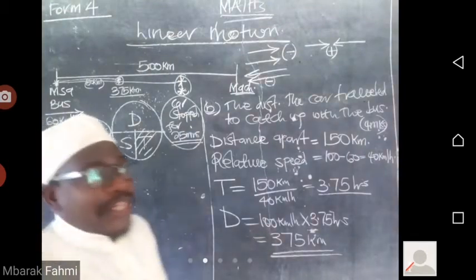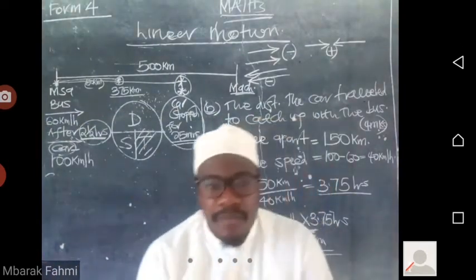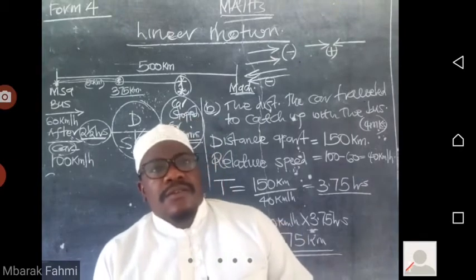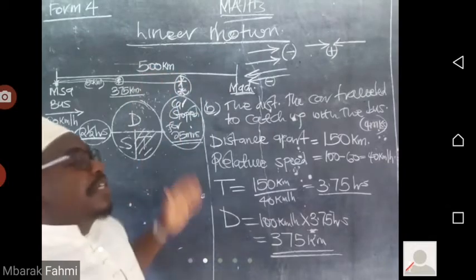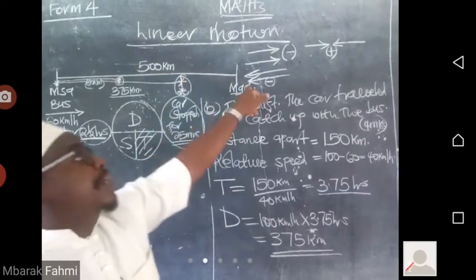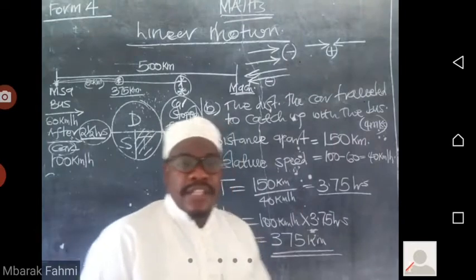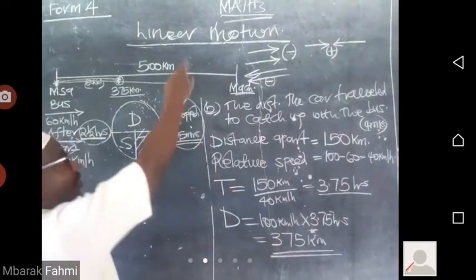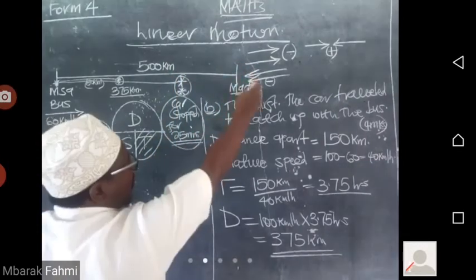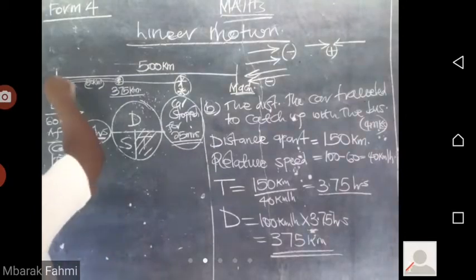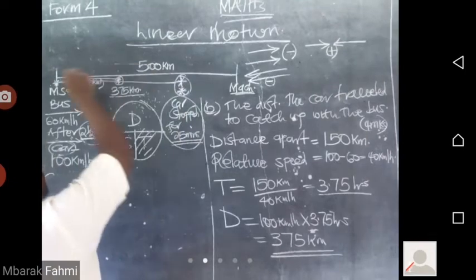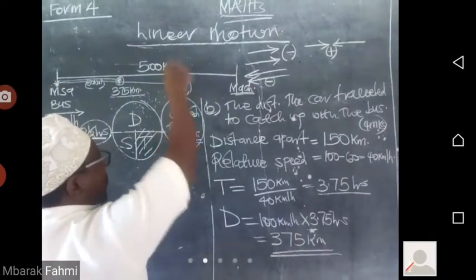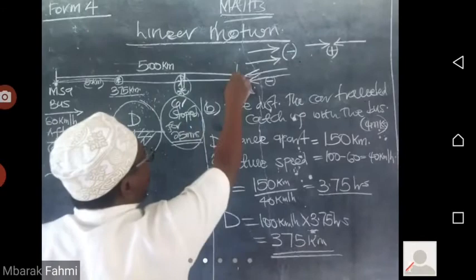Okay? So we need to know here, from where they have met, what time did it take for the bus to reach Machakos? That is the first thing. They met at 375 kilometers. The total distance is 500 kilometers. So what distance is remaining?